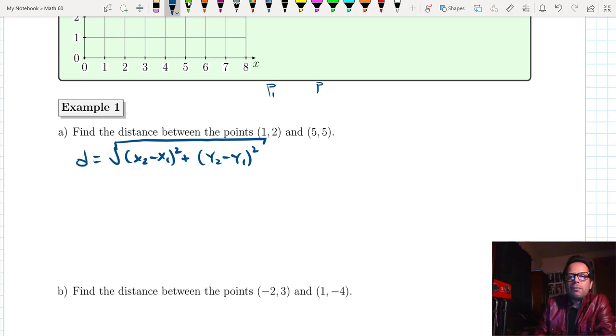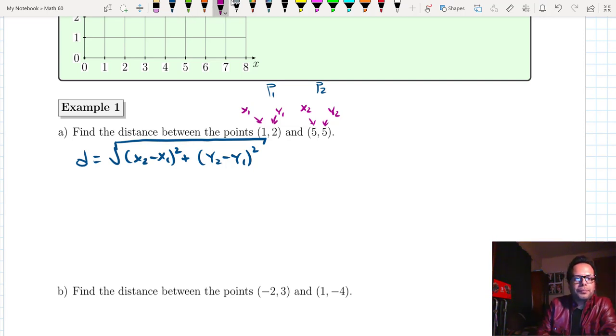Okay, so this is P1, this is P2. So this will be our x1, and this will be our y1. This is, on the other hand, our x2 and our y2. And all we do is plug in the numbers in the formula.